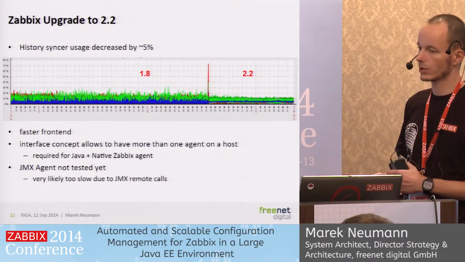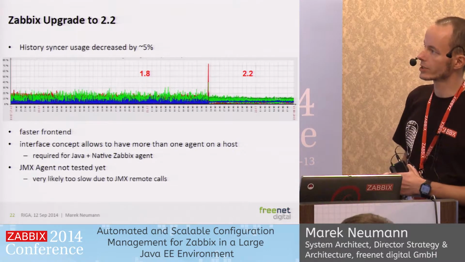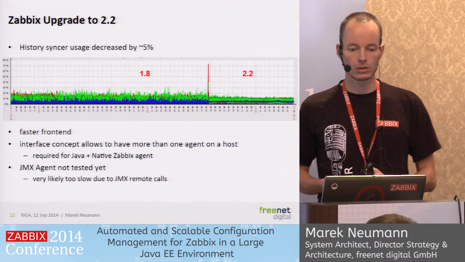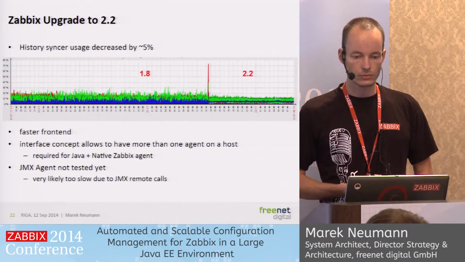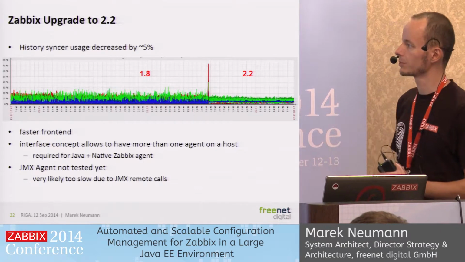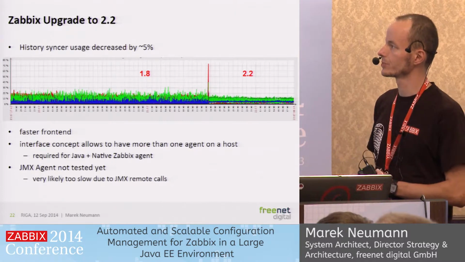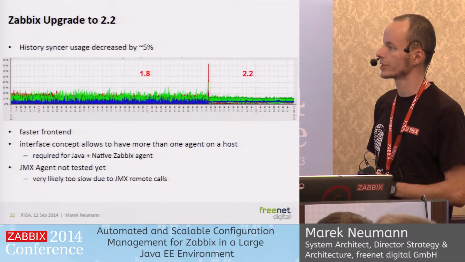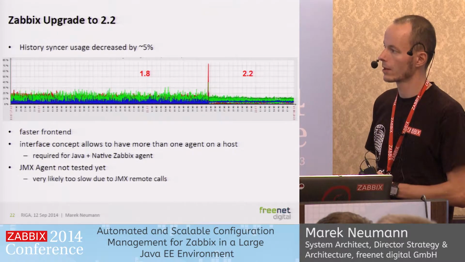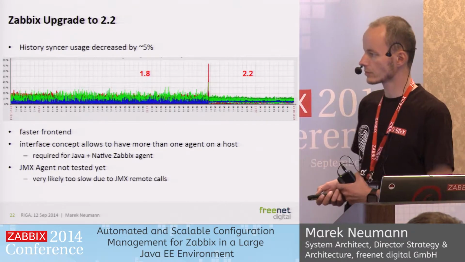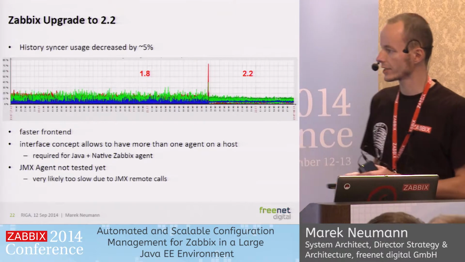Yeah, that was also a nice effect after the migration. The database performs much better. So we always have a look at the so-called history syncer usage. So everything can be visualized with Zabbix, and the usage decreased by almost 5% after we migrated to Zabbix 2.2. The frontend is much faster. Yeah, we are using the interface concept.